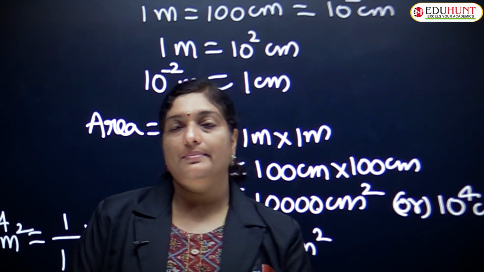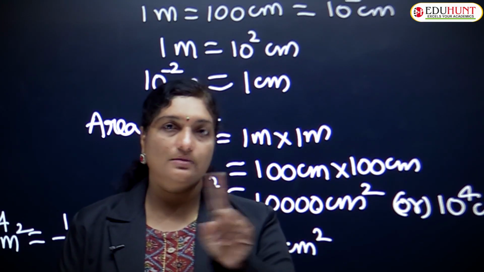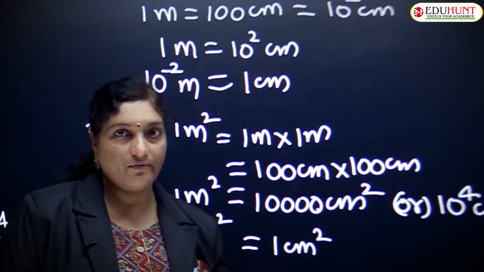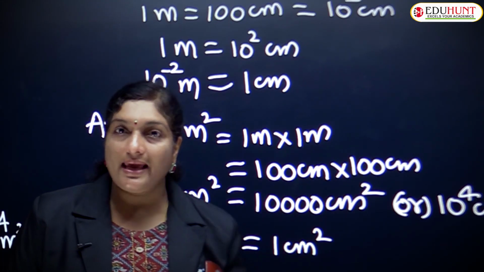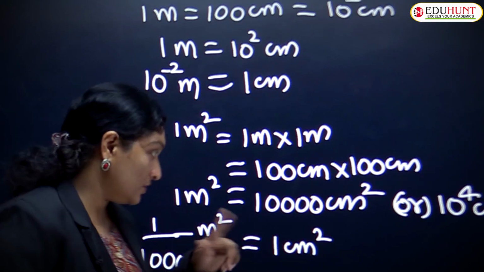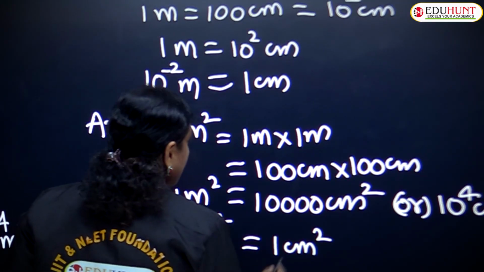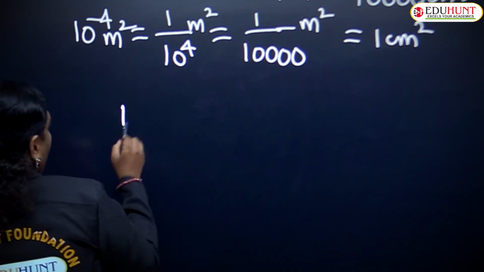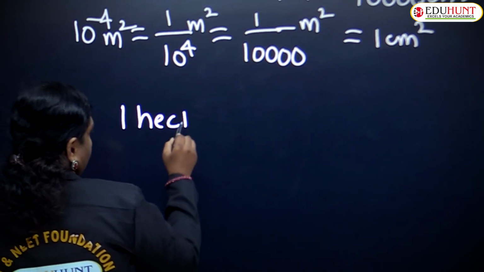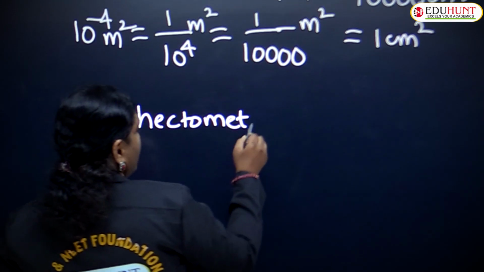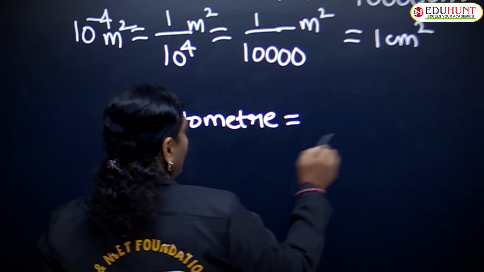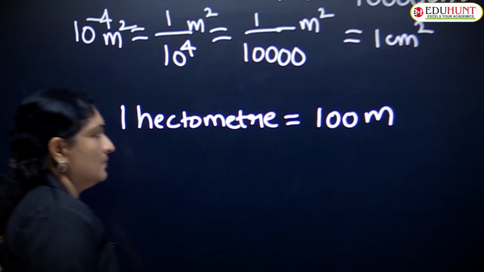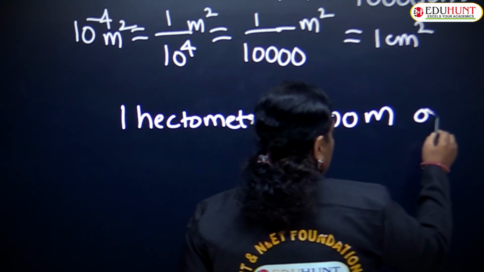So if you would like to write meter square in terms of area, it will become hectare. So these are the higher orders. 1 hectometer is equal to 100 meters, or simply 10 square meters.